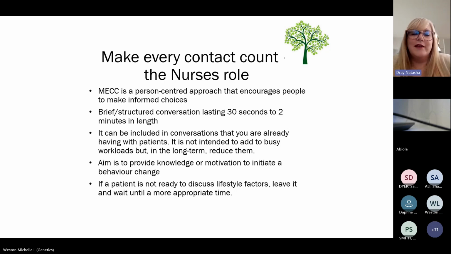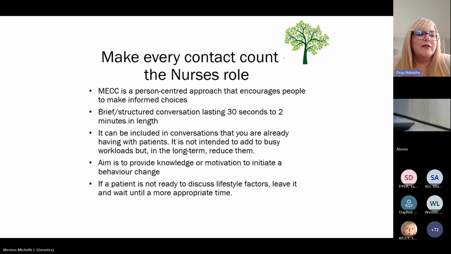So it's about empowering individuals and encouraging them to believe that everyone has the ability to make changes and improve their lifestyles. But it's not about telling someone what to do, but allowing them that time to talk, and signposting them to specialist interventions or professionals that can provide the required level of intervention for them.